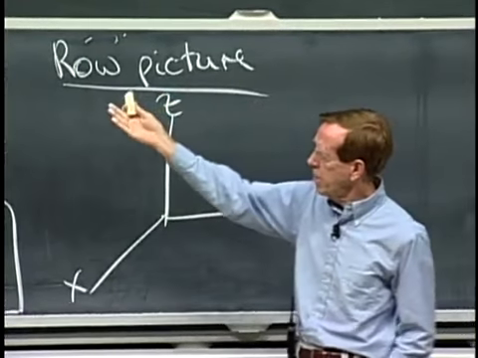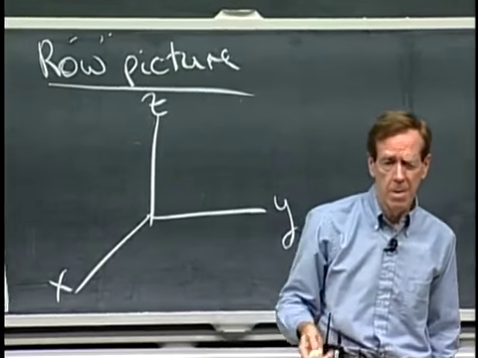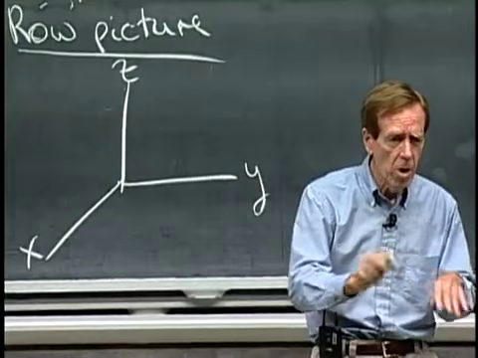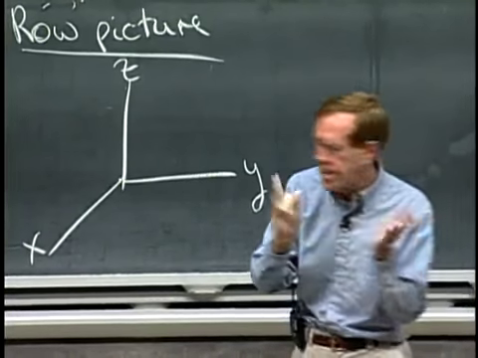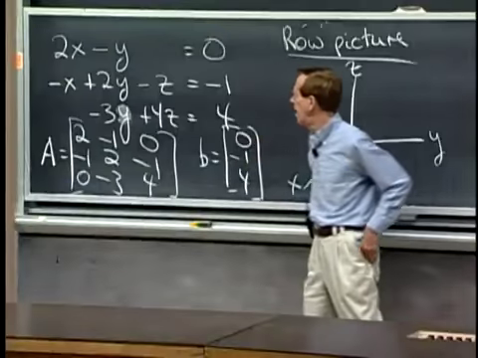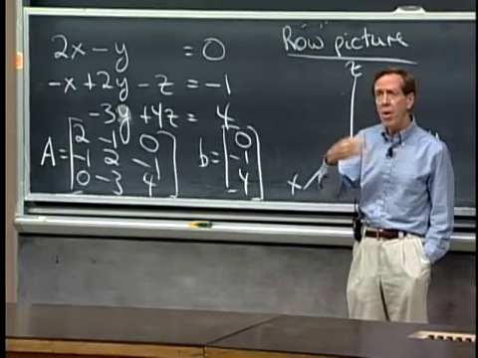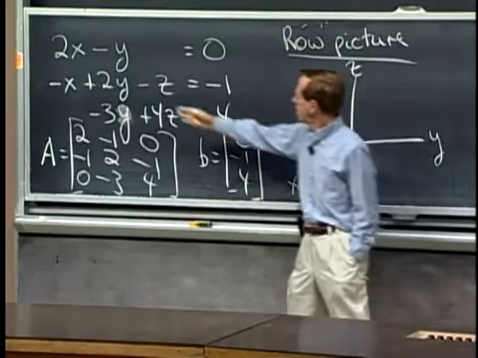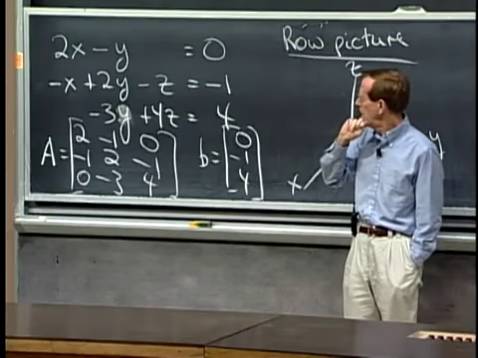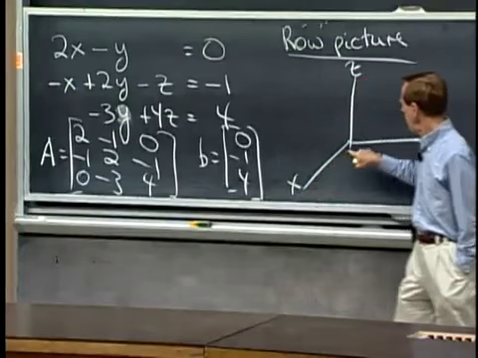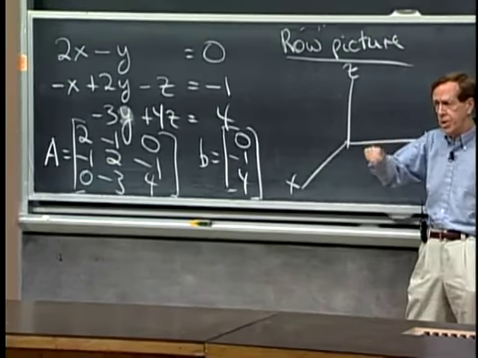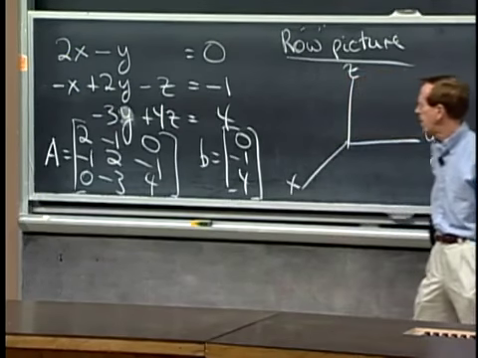And I want to take those equations one at a time and make a picture of all the points that satisfy. Let's take equation number 2. If I make a picture of all the x, y, z points that solve this equation, well, first of all, the origin is not one of them. X, Y, Z being 0, 0, 0 would not solve that equation.